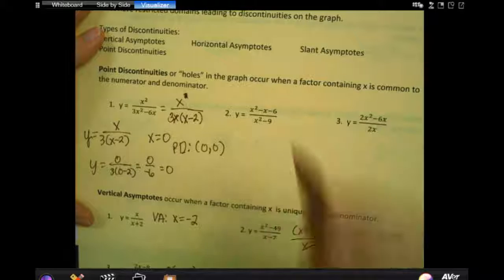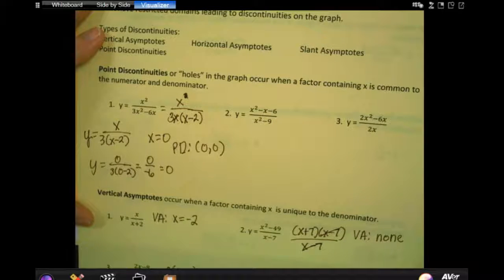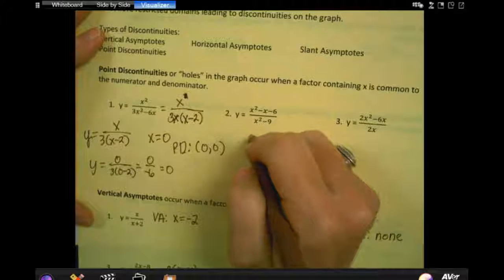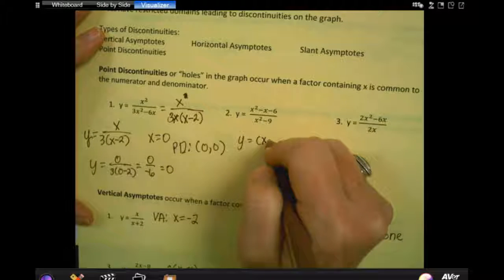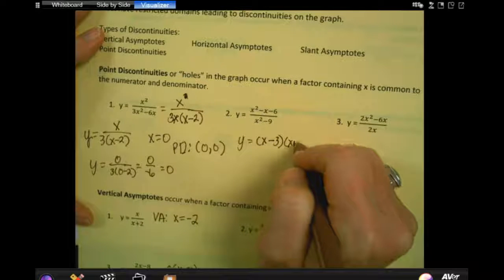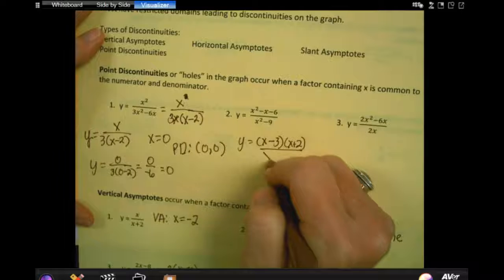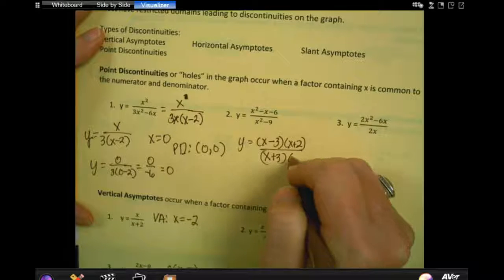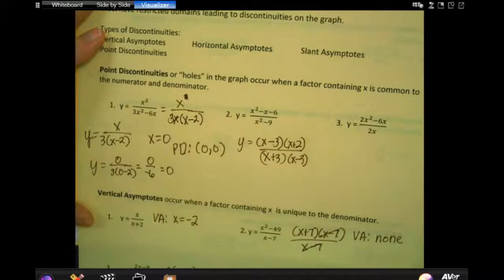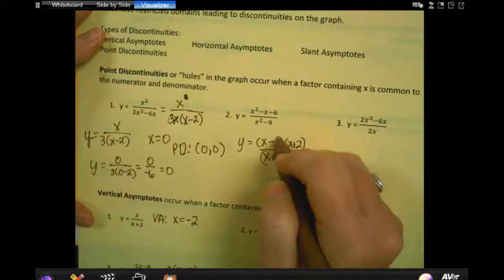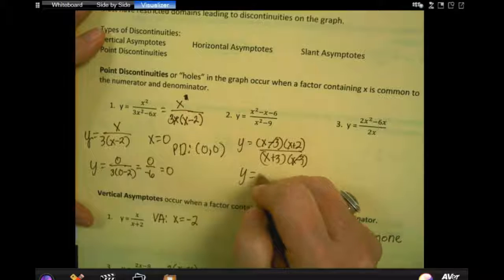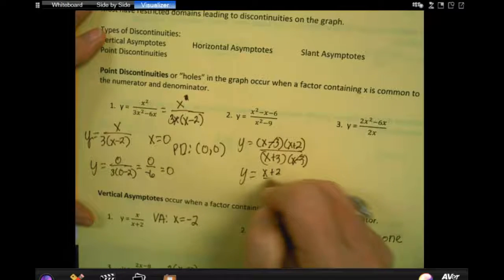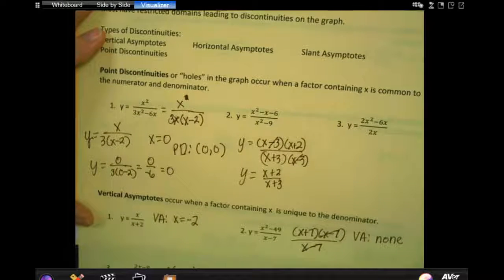So on this one, x squared minus x minus 6 factors to x minus 3 and x plus 2. And on bottom, we factor to x plus 3 and x minus 3. So what cancels? So my y is going to be x plus 2 over x plus 3.